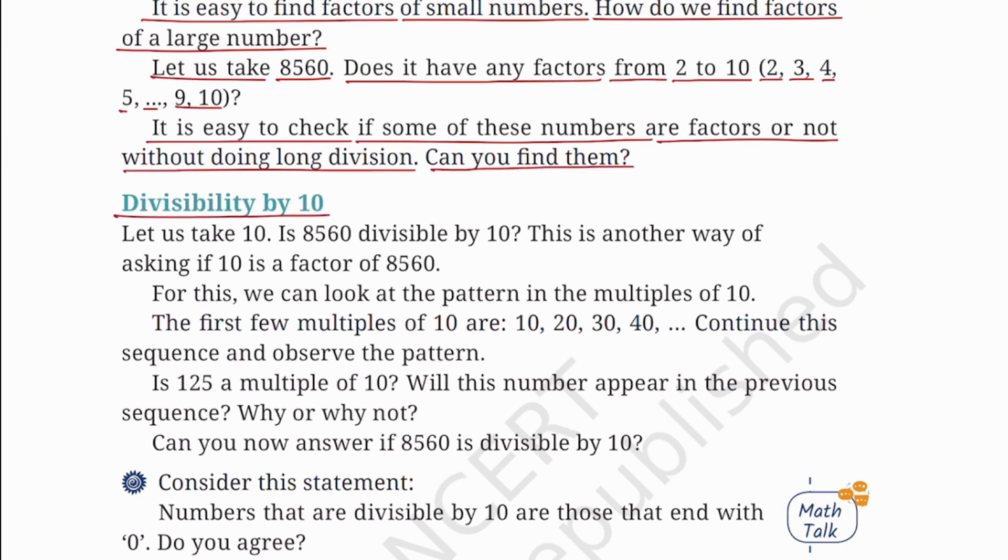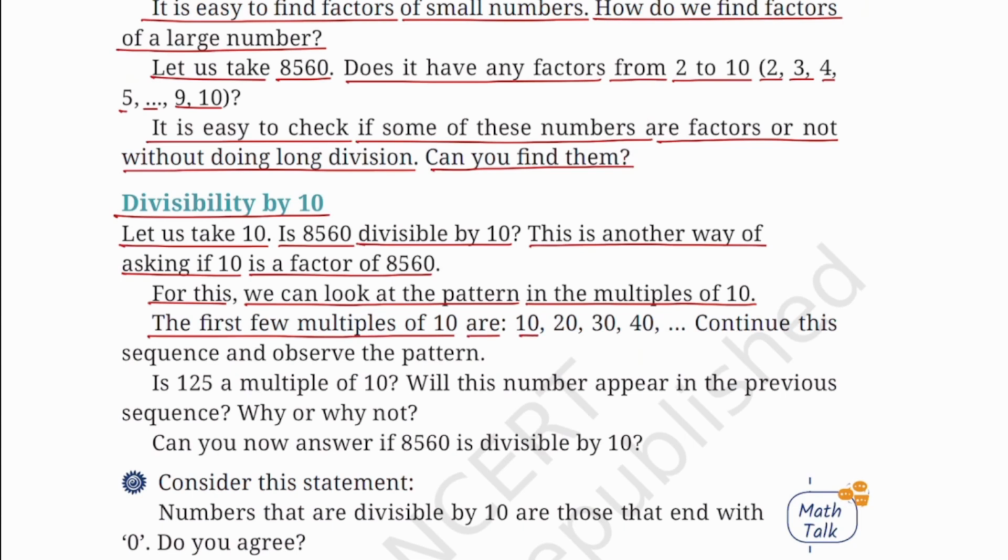Divisibility by 10. Let us take 10. Is 8560 divisible by 10? This is another way of asking if 10 is a factor of 8560. For this, we can look at the pattern in the multiples of 10. The first few multiples of 10 are 10, 20, 30, 40, like that. Continue this sequence and observe the pattern.